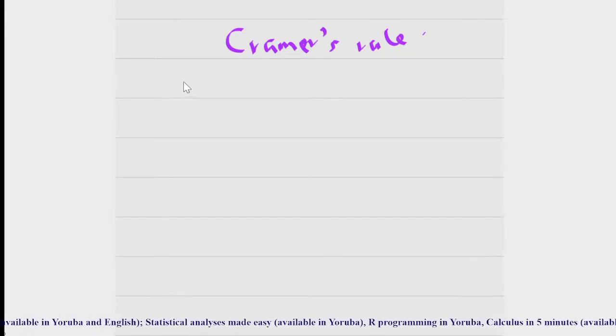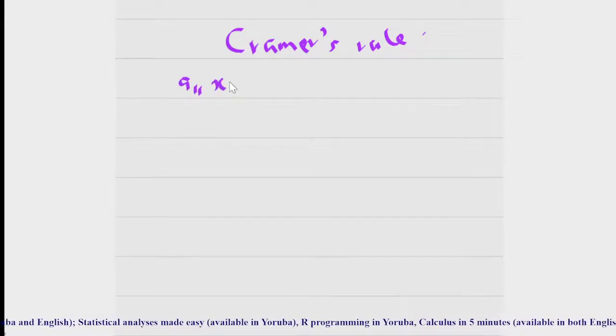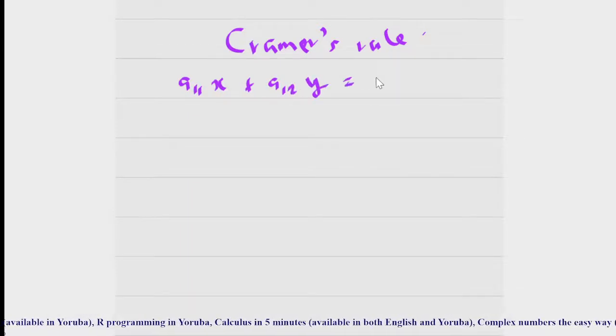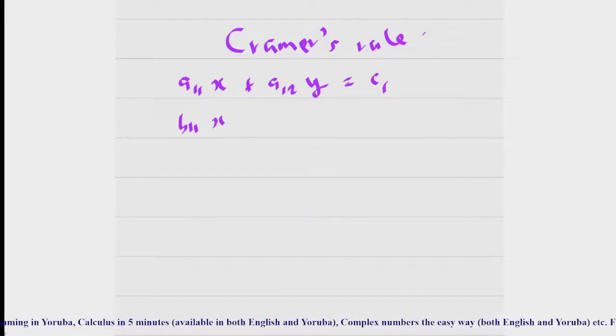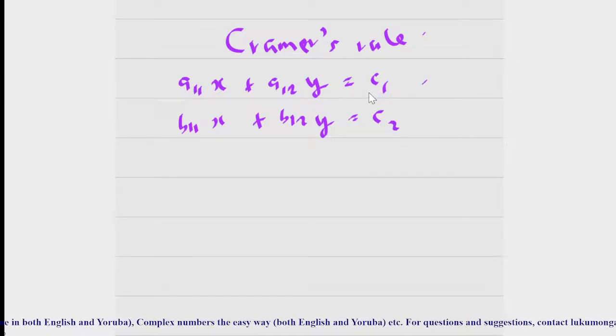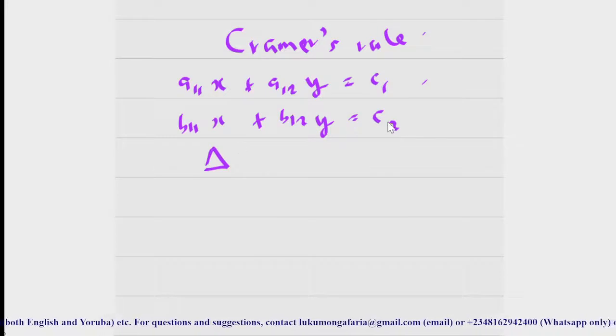Consider that I have this type of system of equations: a11x plus a12y is equal to c1, b11x plus b12y is equal to c2. You understand now? To use Cramer's rule to find the solution of these equations, you have to find your delta.